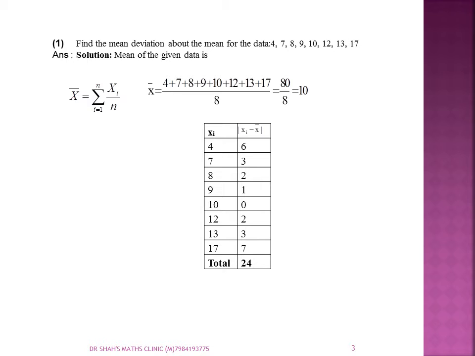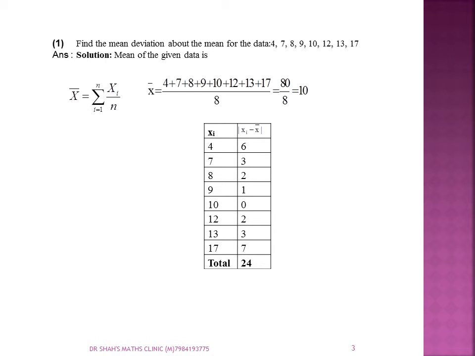Xi is 4, x bar is 10, so 4 minus 10 gives 6, 7 minus 10 gives 3, 8 minus 10 is minus 2, but it's a modulus, so we take the positive value, 2. Modulus of 9 minus 10 is not minus 1 but plus 1. 10 minus 10 is 0, 12 minus 10 is 2, 13 minus 10 is 3, 17 minus 10 is 7. So the total would be 24.